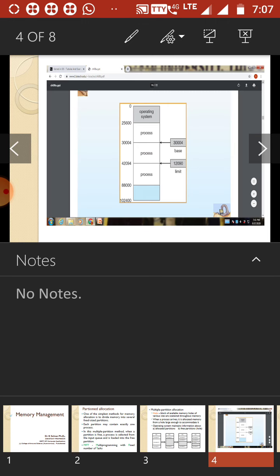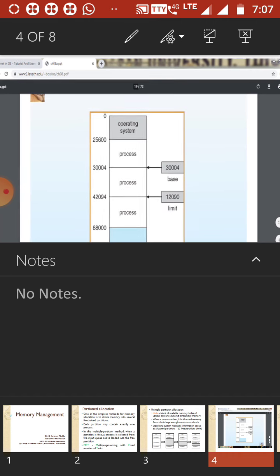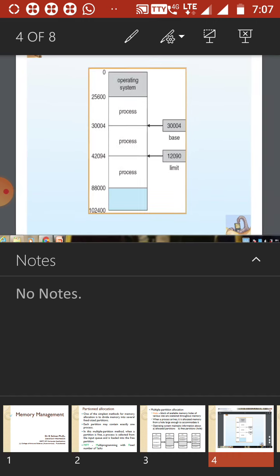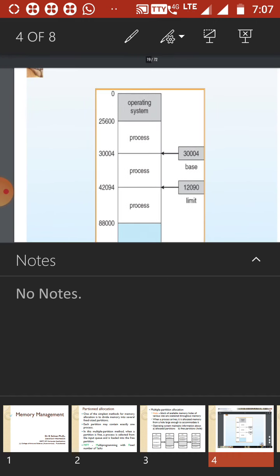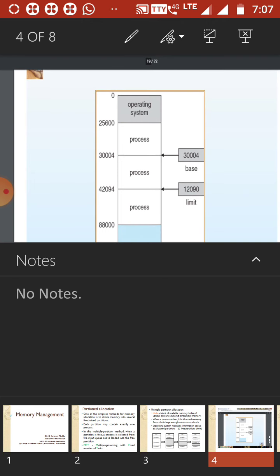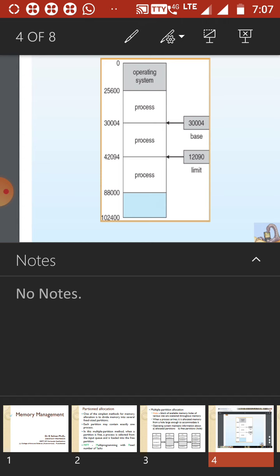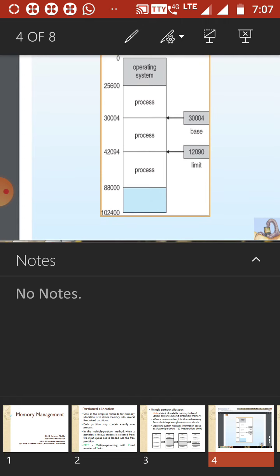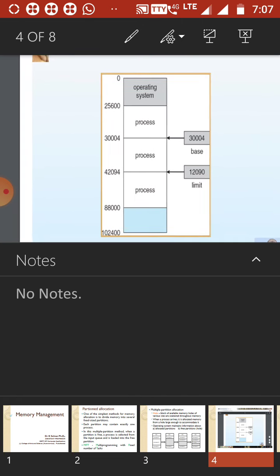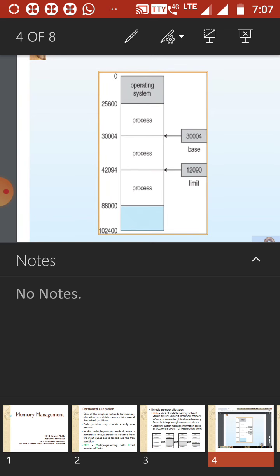So come to understand this. For your understanding, this is the structure of random access memory, that is RAM space. Here the top portion is occupied by the operating system, so this is the low memory area.